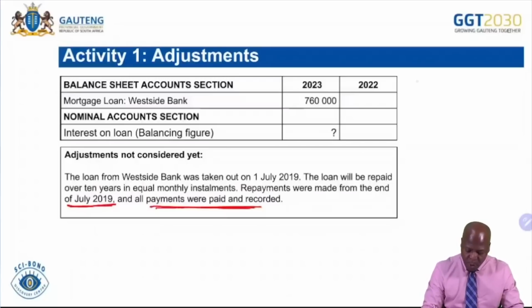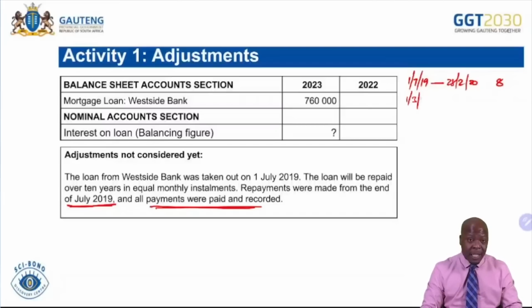So in this case, we will now say the loan was taken on the 1st of July, that is 2019, and then until the end of the financial year, which is 28 February 2020. That means we had that loan for this year only for 8 months. Can I go on? And then the next financial year began on the 1st of March. Remember, because it ends in February. So it's going to be 1st of March 2020 until 28 February 2021.